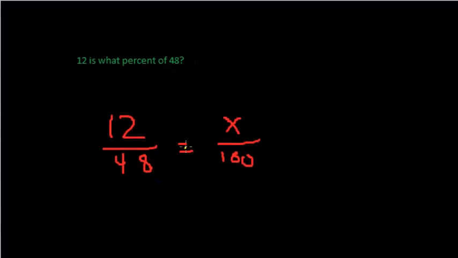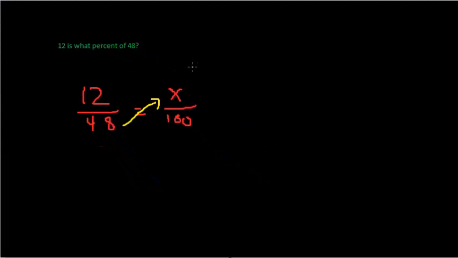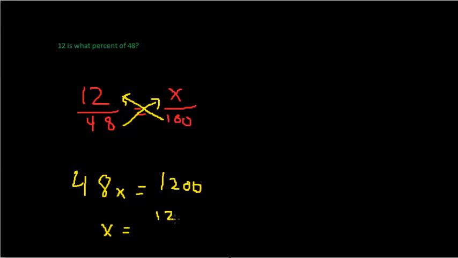Again, solve it the same way with our cross multiplication. 48 times x is 48x. That is equal to then 100 times 12, or 1,200. This then means x is equal to 1,200 over 48, which is equal to 25.